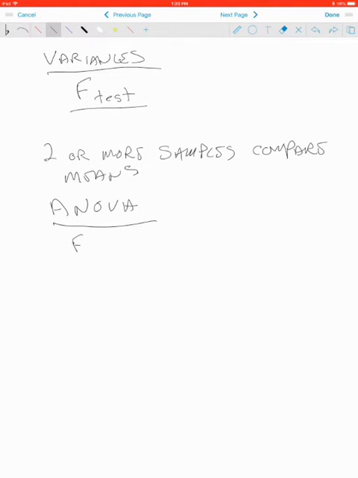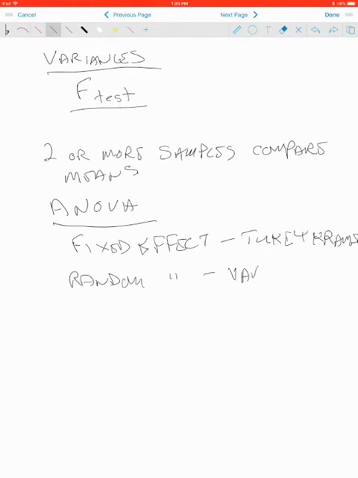If it's fixed effect ANOVA, I can follow it with Tukey's Tukey-Kramer test to ask which means differ. If it's a random effect ANOVA, I don't really care which ones differ, but I could estimate the variance component due to whatever the treatments applied were. So that's what I might do.